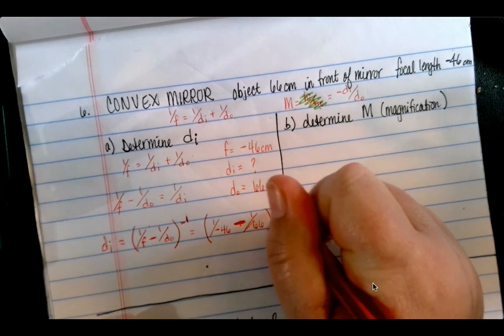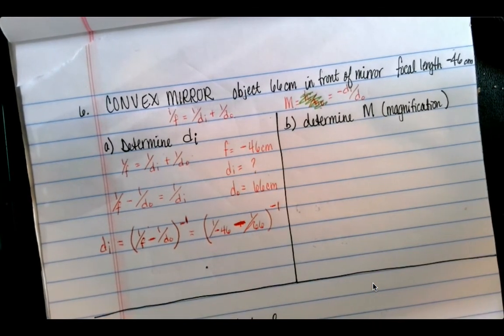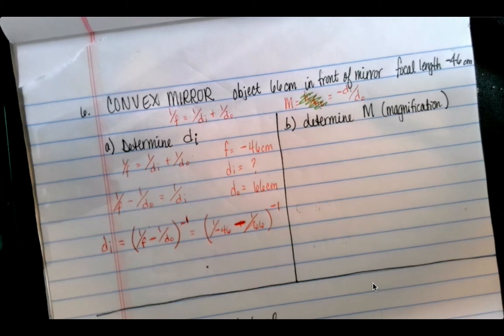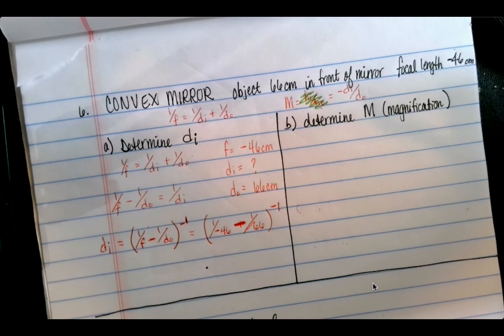We're going to need to punch that into our calculator, so I am grabbing my handy dandy calculator, and I am taking 1 over negative 46, not divided by, but minus 1 divided by positive 66, and raising that quantity to the negative 1. And I'm going to evaluate it because I always want full numbers whenever possible.